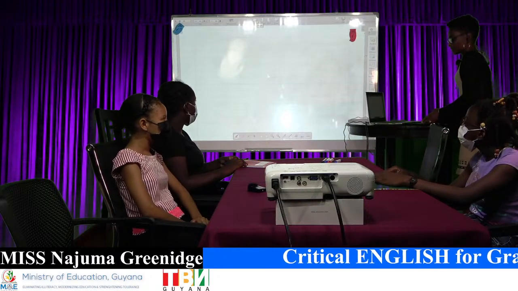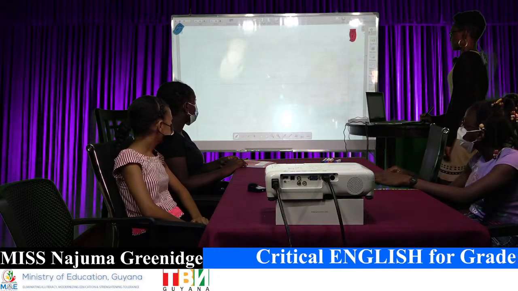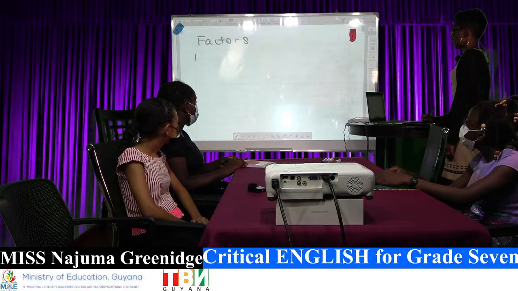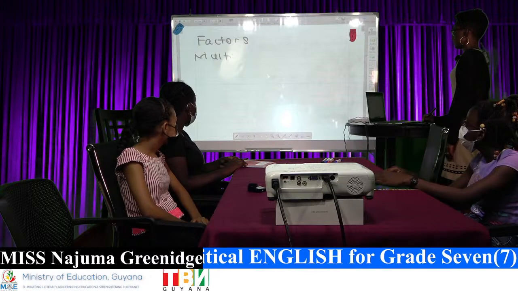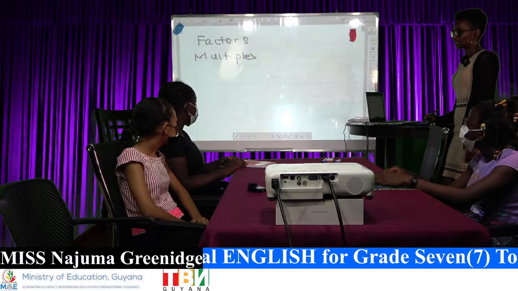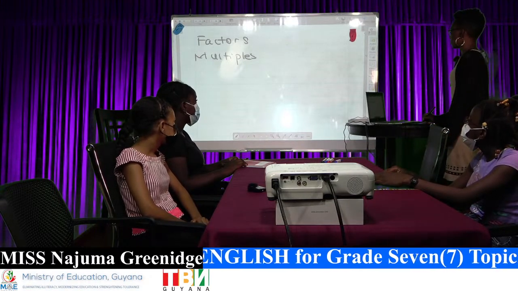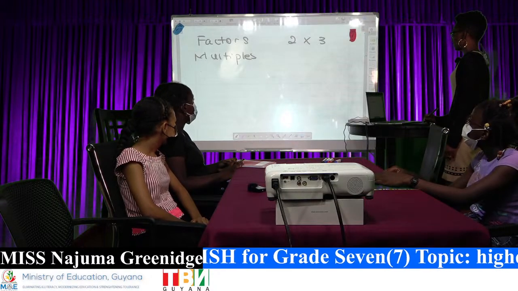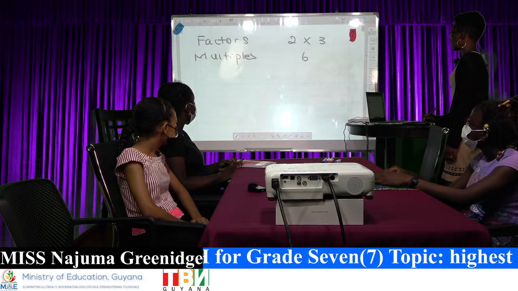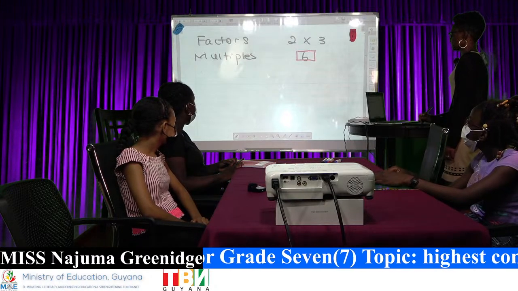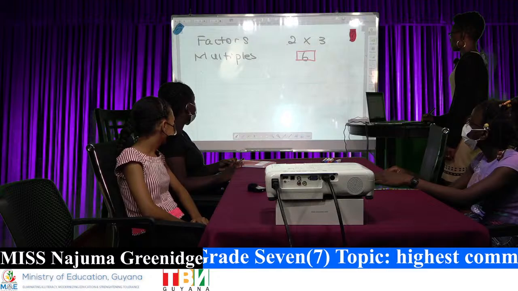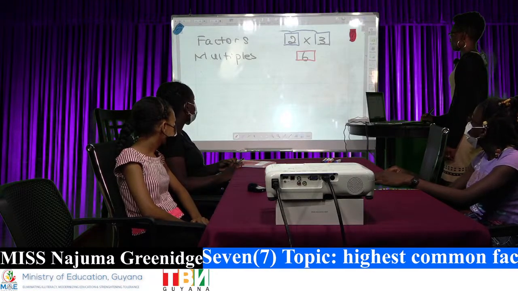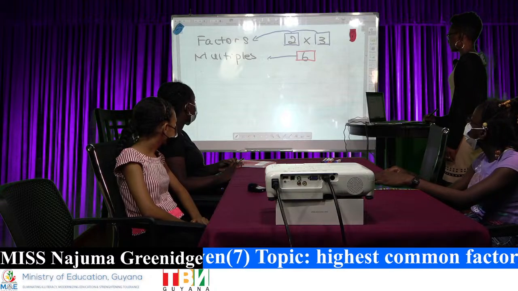All right. So in our previous sessions, we examined factors, we examined multiples, all right? And we said that factors are any two numbers that you multiply. 2 times 3, the result here is 6. So 6 is our multiple, and the number 2 and the number 3 are our factors.